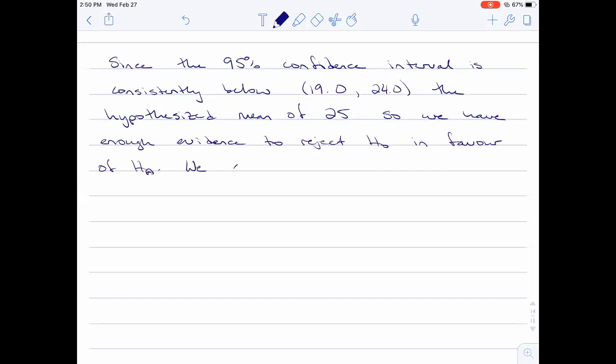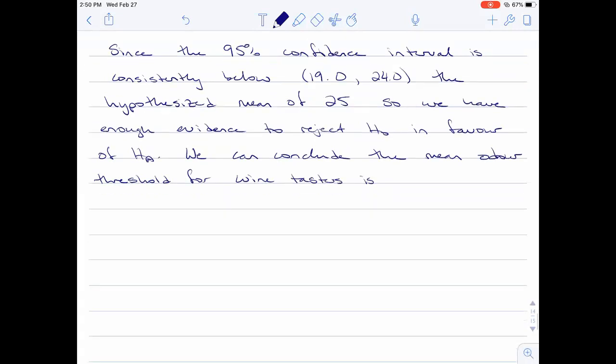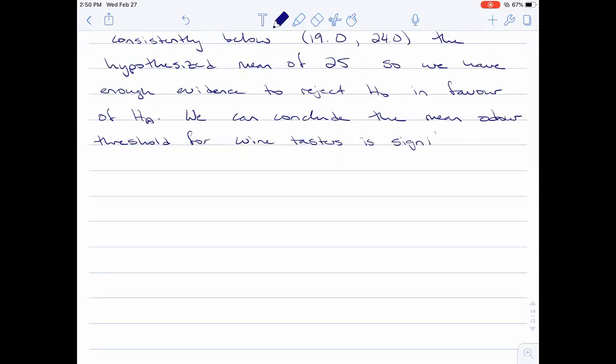So again, we can conclude the mean odor threshold for wine tasters is significantly lower than the general population.